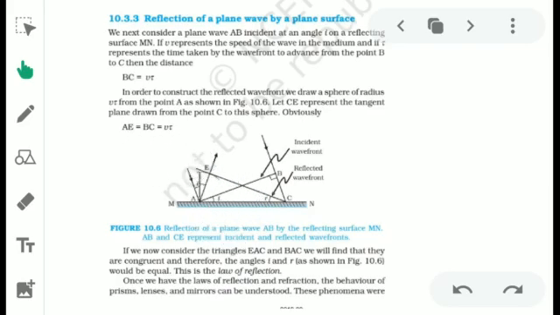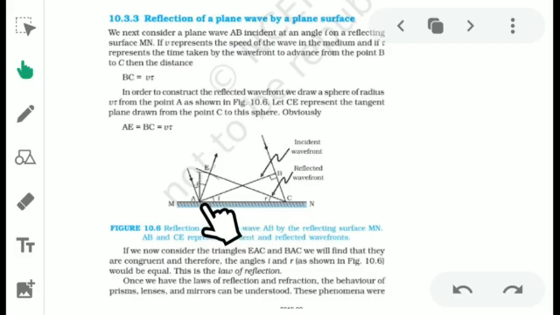Now from the right triangle AEC, angle E is equal to 90 degrees, and in CBA, angle B is equal to 90 degrees. Then AC is equal to AC, the same side.